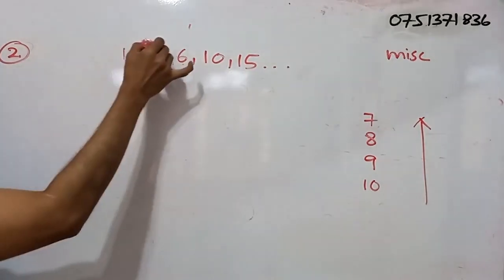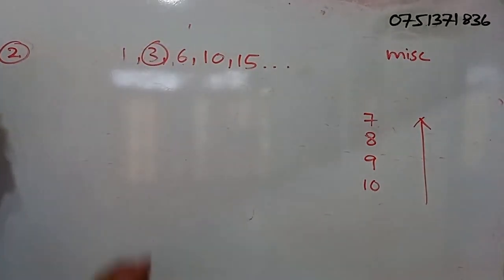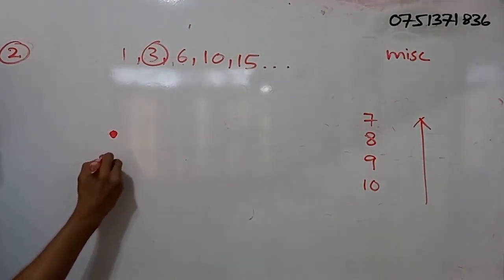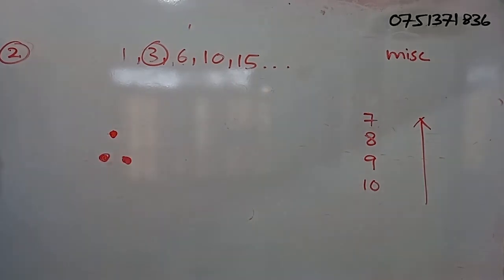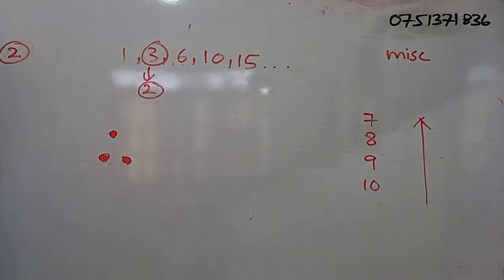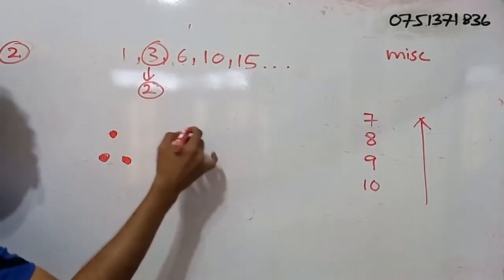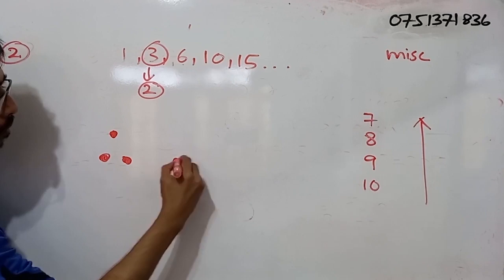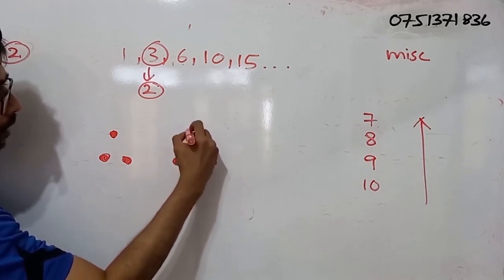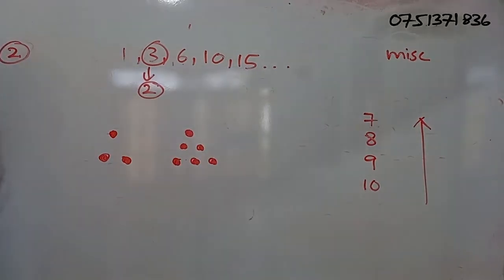So if I take the number 3 and if I draw this as a triangle, it should be something like this. So this is the second triangular number. So this is the third one. If I draw this as a triangle representing this number, it should be something like this.